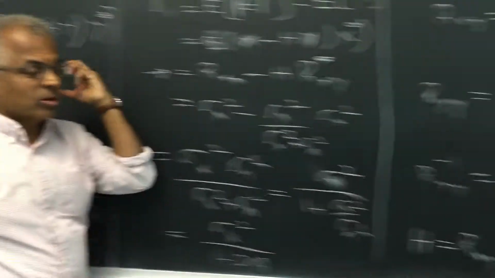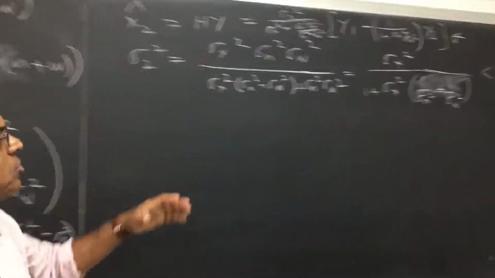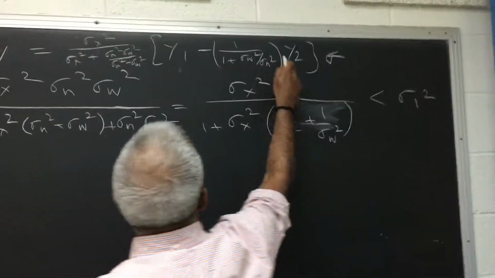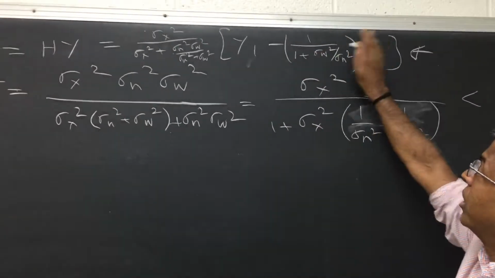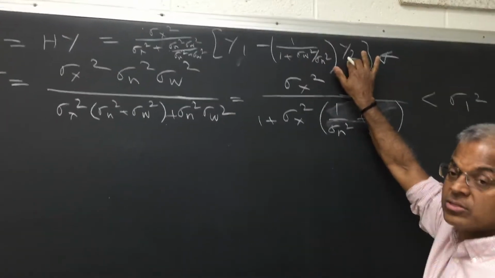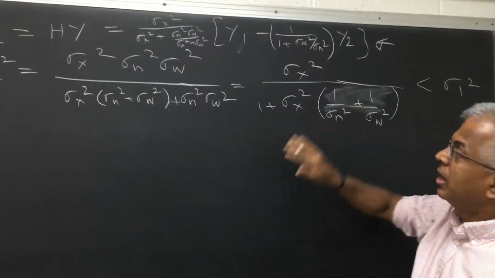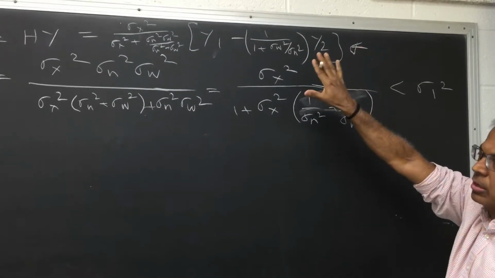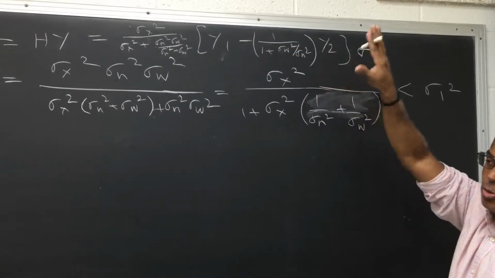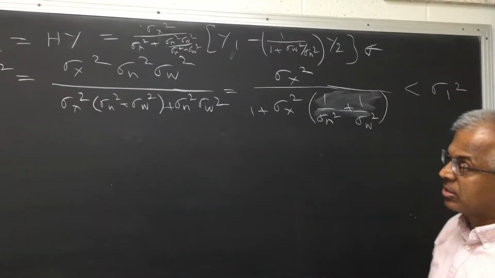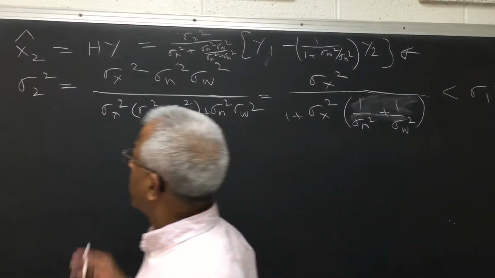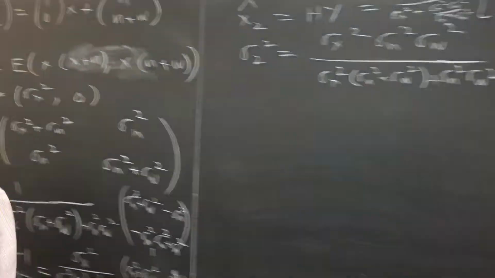So what the doctor does over years of experience turns out to be the optimum estimator. So this estimator is certainly superior to the first one, because the mean squared error is smaller than the mean squared error for the first case.